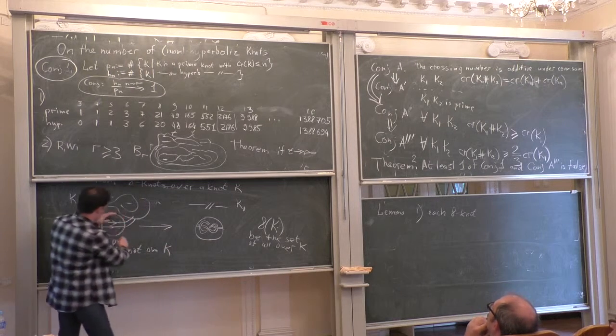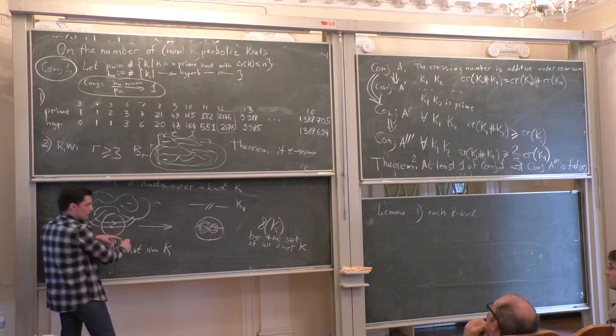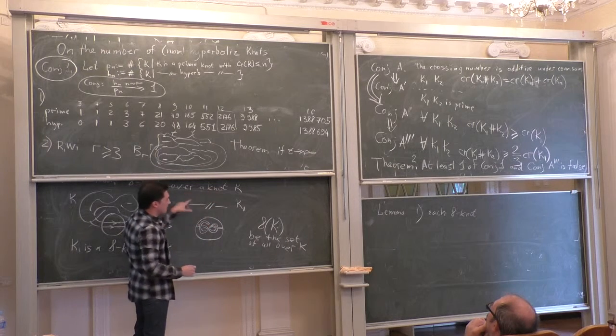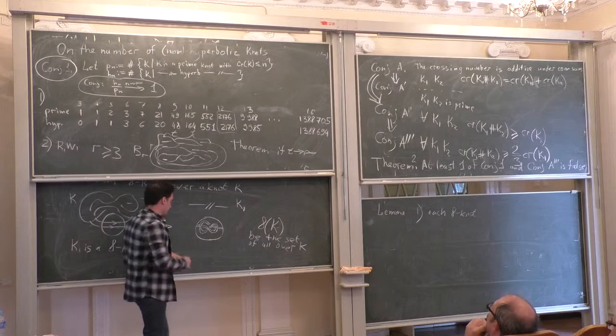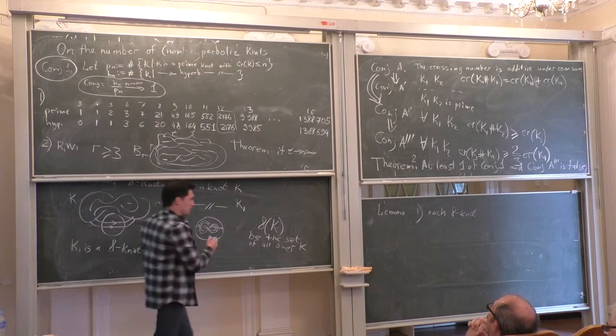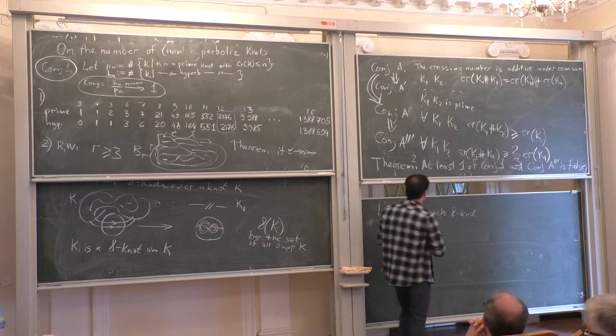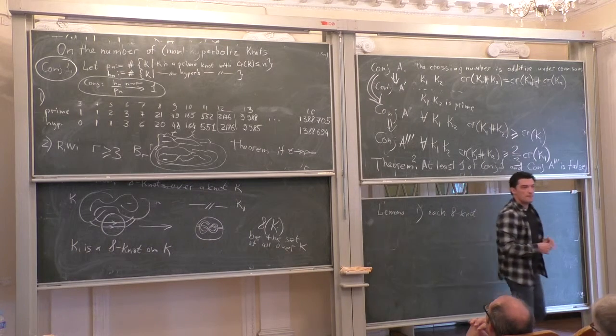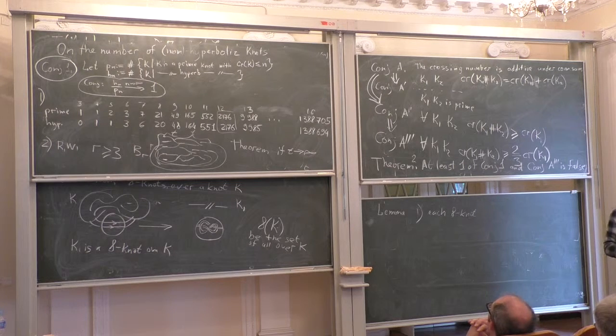If I can take any part of this form, transform it like that, and obtain a diagram of a knot K1, then I say that such K1 is a figure 8 knot over K. So a lot of K1. Is it then a finite set or an infinite set? I think it's infinite, but maybe for some trivial knots it's finite. I don't know. It's not important for our lemma.